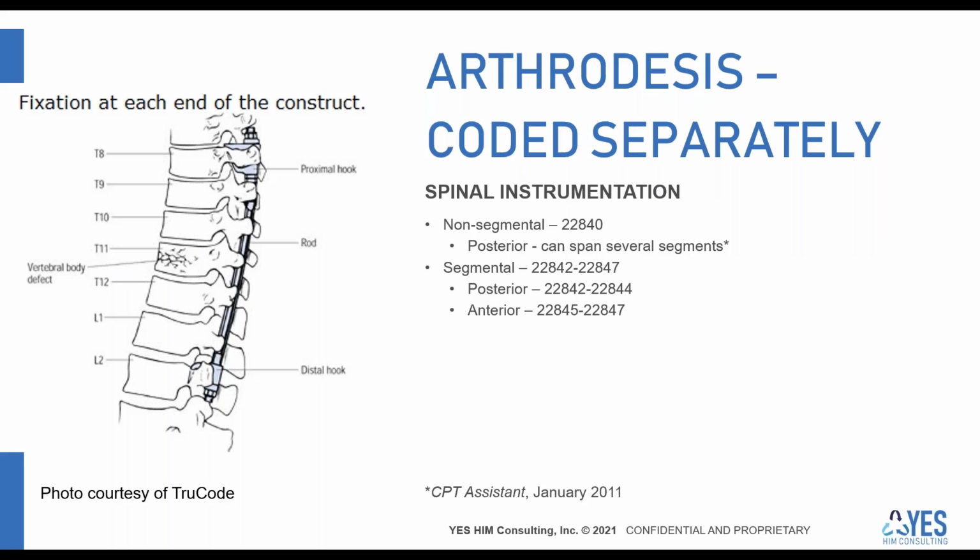Now, what else could be coded separately? Another item that could be coded separately is your spinal instrumentation. Spinal instrumentation, and you will see this a lot within your op notes and your documentation, is broken down into non-segmental and segmental.